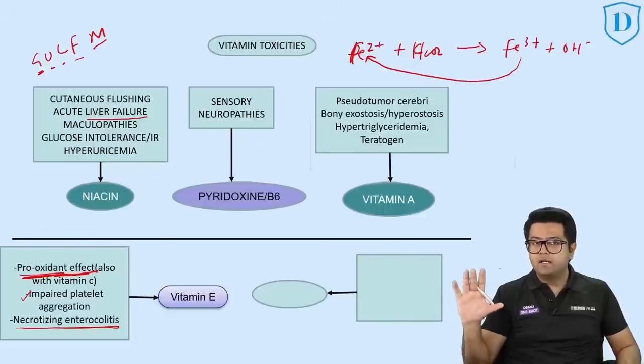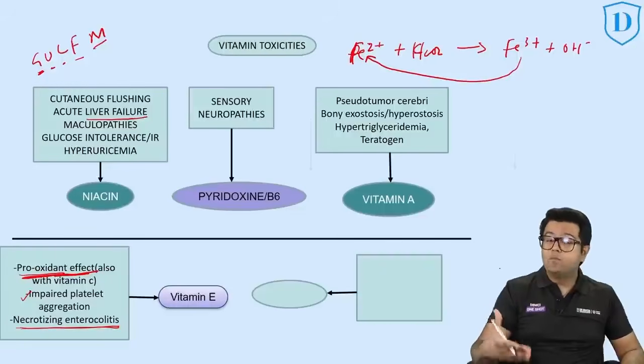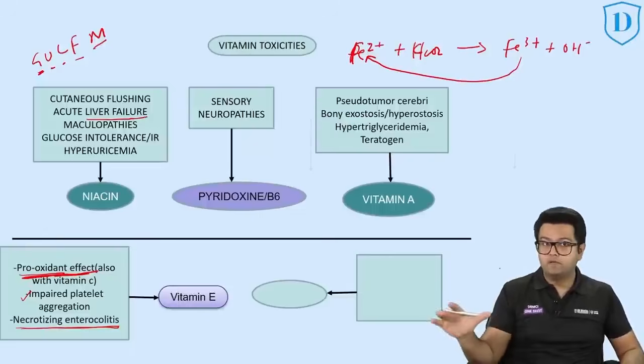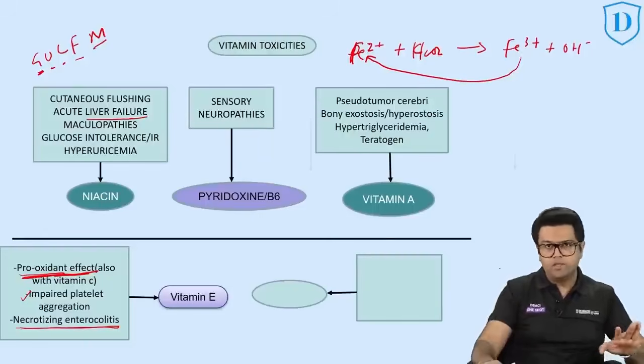So guys, that is the incorrect option. We cannot give high doses of vitamin C in a G6PD patient. Why? Because vitamin C in excess again causes a pro-oxidant effect, and this will lead to more hemolysis. So we should avoid vitamin C, though it is an antioxidant. Okay, so please remember that.